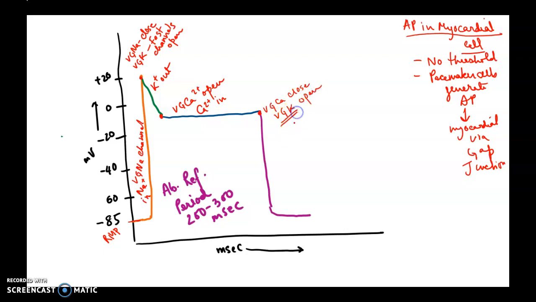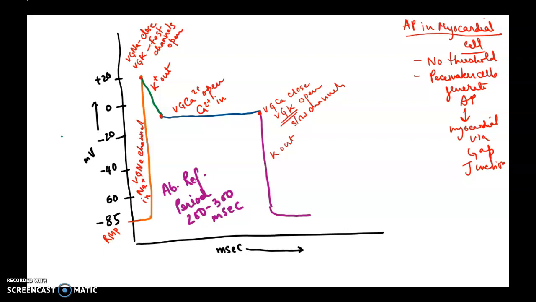Remember, these potassium channels are slow channels. They are not fast. And as these channels open, obviously we have potassium going out, and that brings the membrane potential back to negative 85.